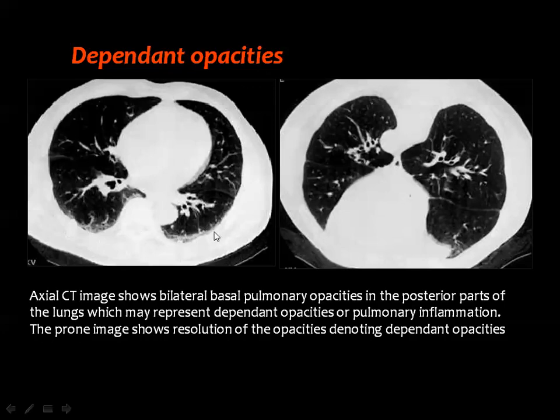Then, in order to exclude the possibility of disease, you may have a prone film, a prone scan. In the prone scan, you can see that the opacities have cleared, denoting that they are not true lesions. And this is one of the ways to differentiate between pathologic opacities in the dependent parts of the lung and physiologic opacities, let us say so.